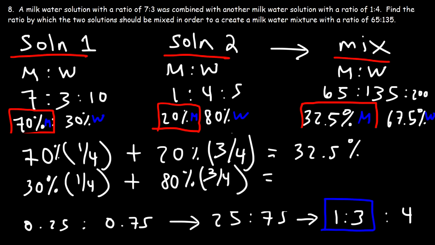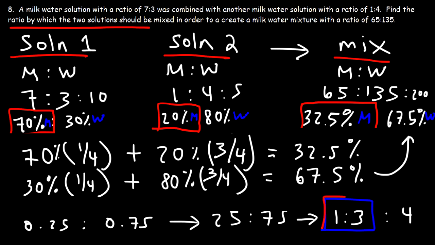And so if we type this in, 30 times 1/4 plus 80 times 3/4, that will give us the concentration of the water in the mixture, which is 67.5%. And so the answer has been confirmed, which means that the ratio by which solution 1 and solution 2 were mixed is 1 to 3.